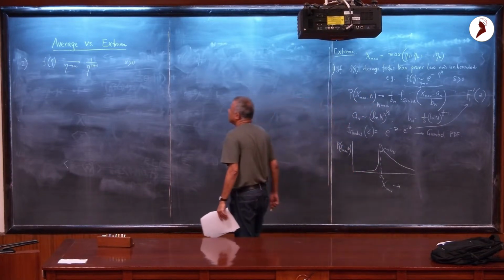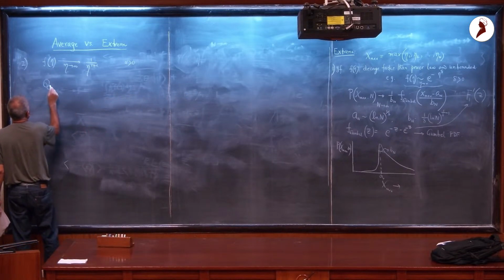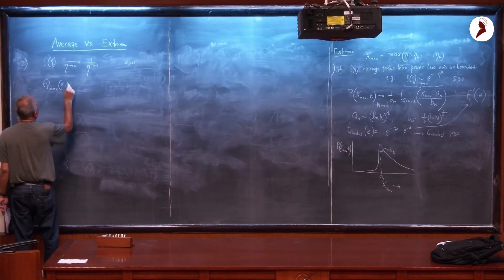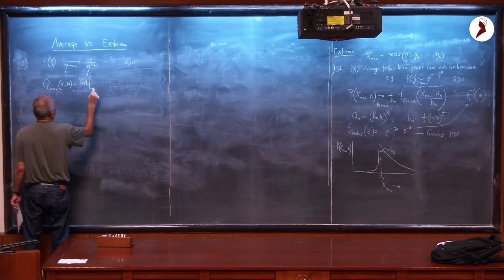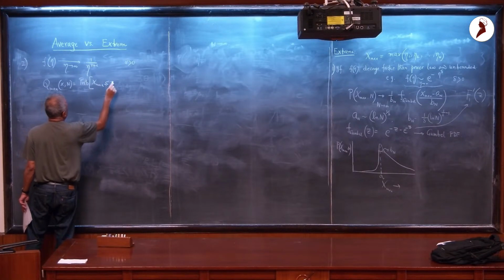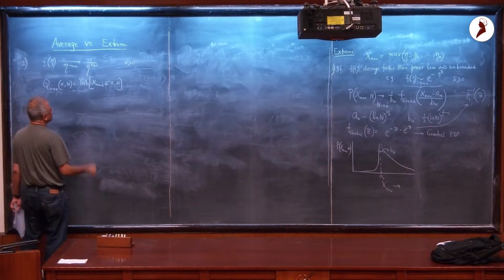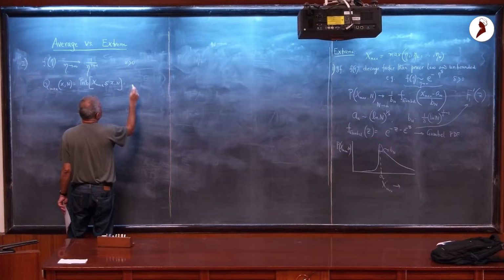Okay. So remember how we did it for the other case. We looked at this object, the cumulative distribution of x max. So the probability that x max is less than or equal to x is the same as the probability that each of them is less than x.